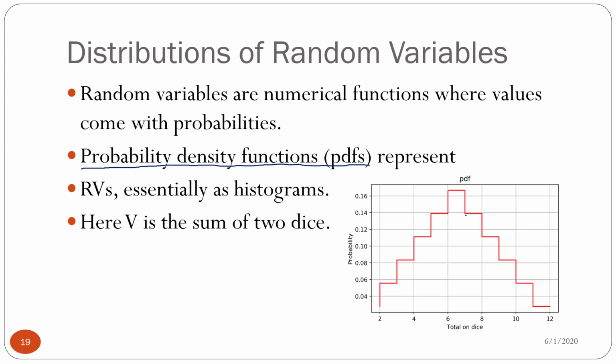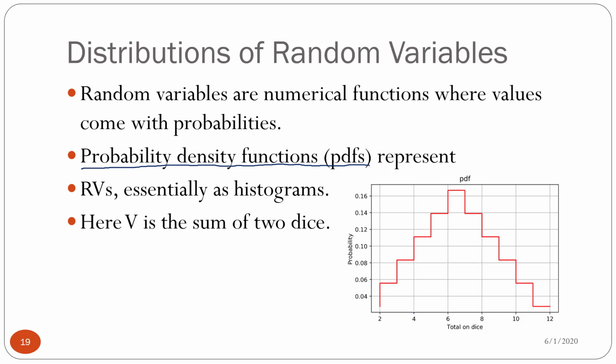So we can plot the probability value for each possible value of the random variable. The random variable takes values from 2 to 12, and we are finding the probability corresponding to each value. When we plot it this way, what we get is the probability density function.